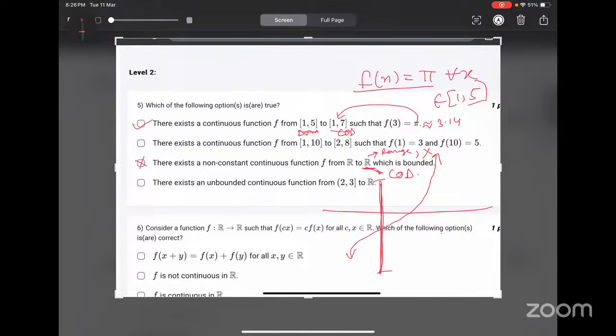If R is the range, obviously R is not bounded, hence the function will not be bounded. But if R is the codomain, then we can take the range, for example, -1 to 1, and we can find the function sin x, right? But I guess here they have taken R as range. So if R is range, then we can't define a function.